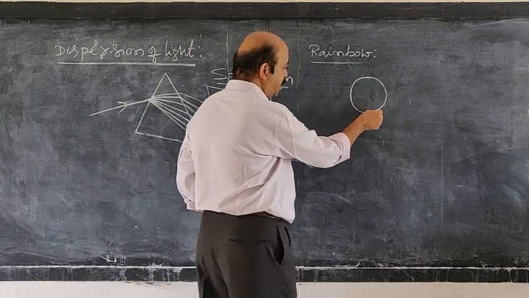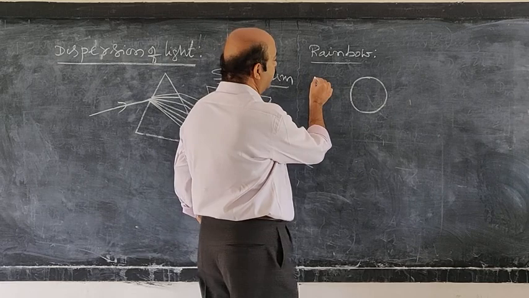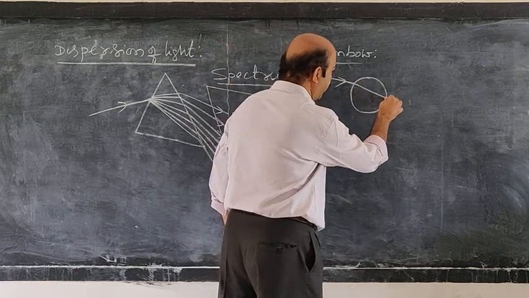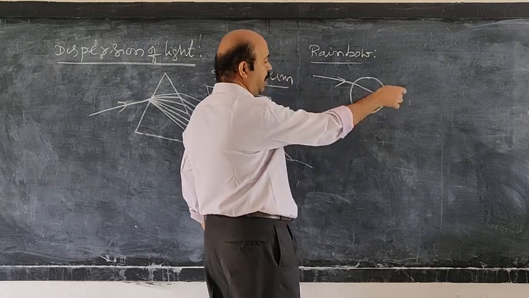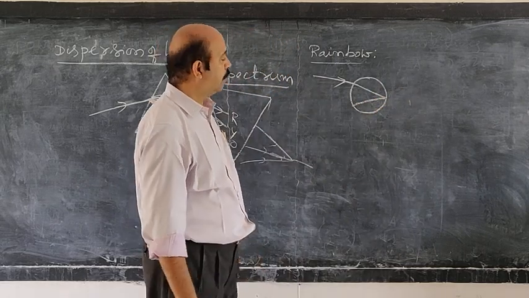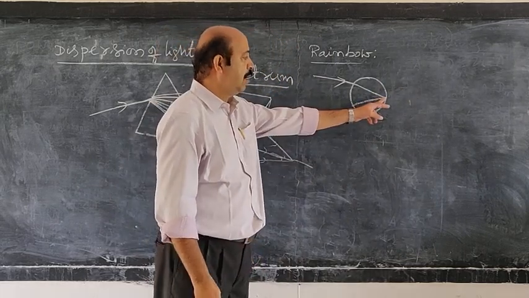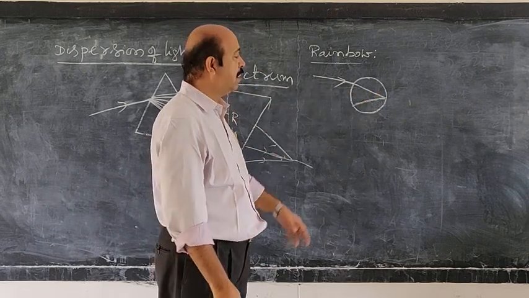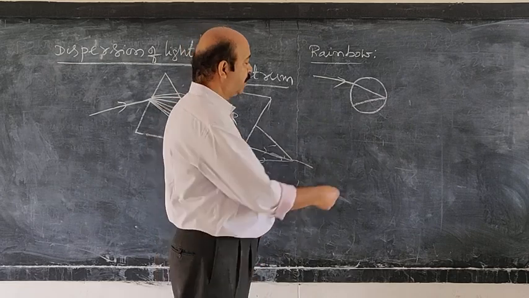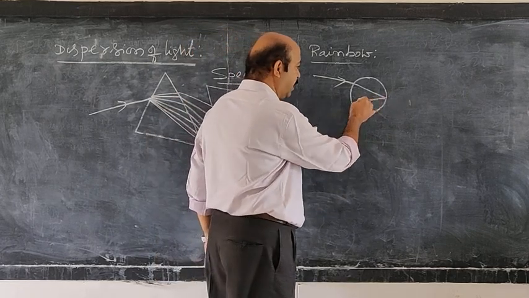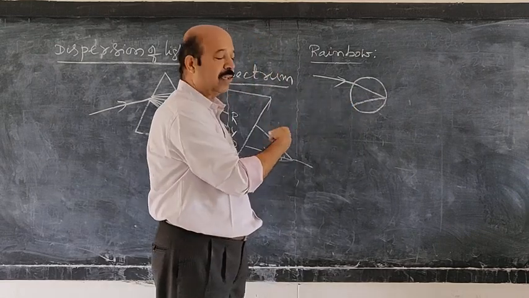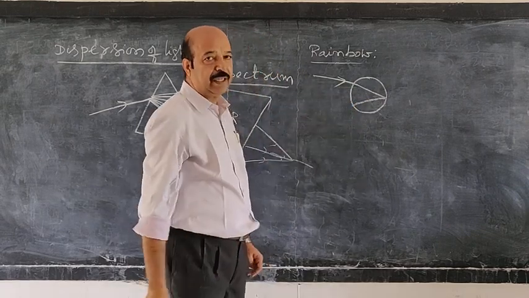Let us suppose this is a water drop. A light incident like this, after refraction and reflection inside the water drop, if this angle of incidence is greater than the critical angle, it gets totally reflected. The reflected ray disperses, splitting into colors.